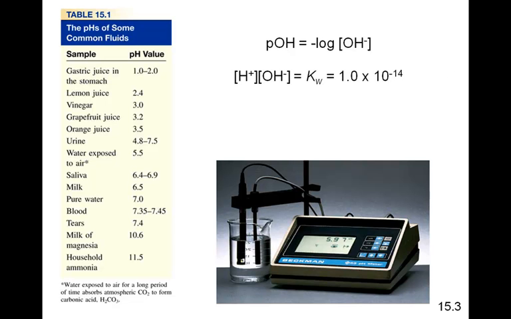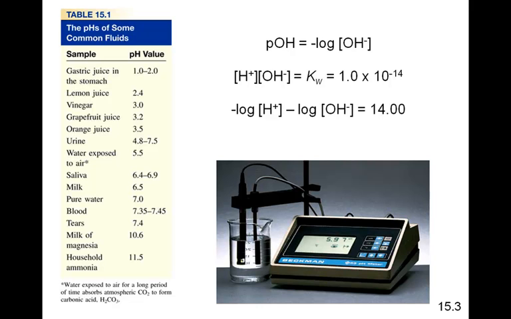Remember, the H plus concentration times the OH minus concentration is equal to the K sub W, which at 25 degrees Celsius is 1.0 times 10 to the negative 14. If we take minus the log of everything in this equation, we get minus the log of the H plus concentration plus minus the log of the OH minus concentration is equal to minus the log of 1 times 10 to the negative 14, which turns out to be 14.